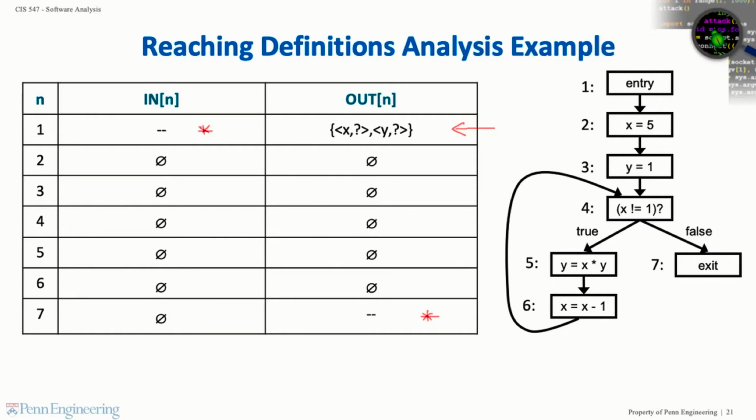Next, the algorithm repeatedly picks each of the remaining 5 nodes, numbered 2 through 6, and applies the 2 rules that update their in and out sets. For instance, it updates the in set of node 2 to reflect the fact that both variables x and y remain uninitialized at this point.